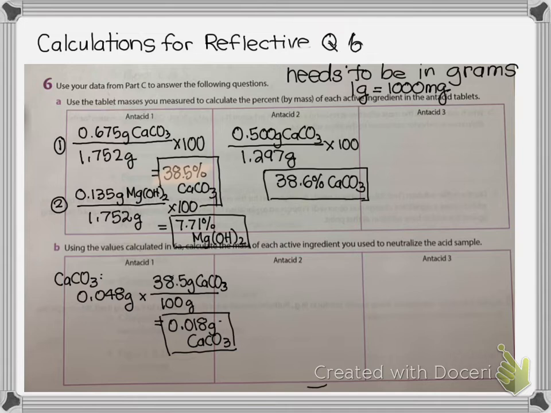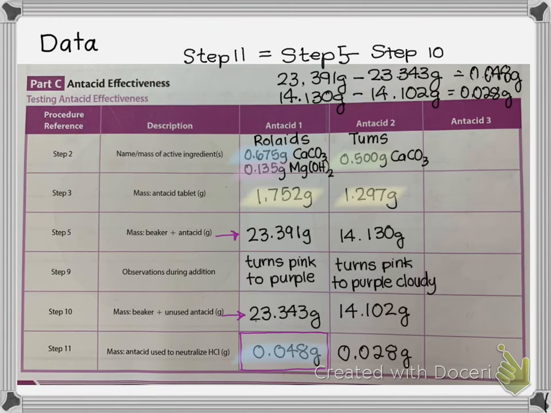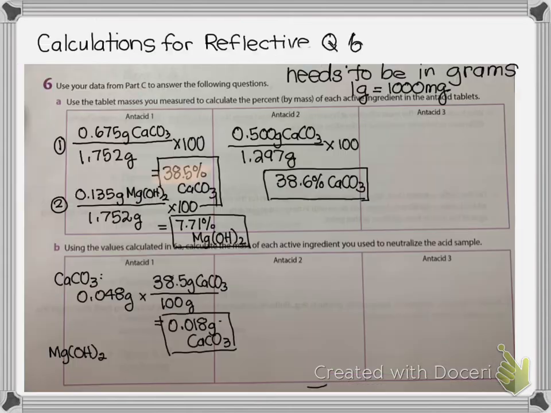Now let me look at the other one, magnesium hydroxide. For this question we're using the number in blue, which is just how much sample we used. So the first number is the same in both examples: 0.048 grams, that's how much of the antacid we used. But the magnesium is a different percentage. It is 7.71. Let me use a different colored highlighter.